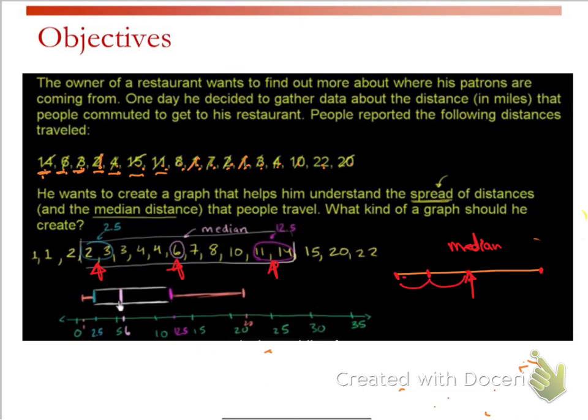So first quarter, second quarter. If we split this one also, it will be the third quarter and the fourth quarter. So they are calling it first quartile, second quartile, third quartile, fourth quartile. So this is the median.